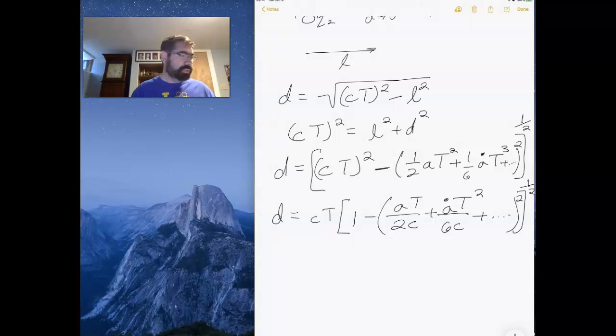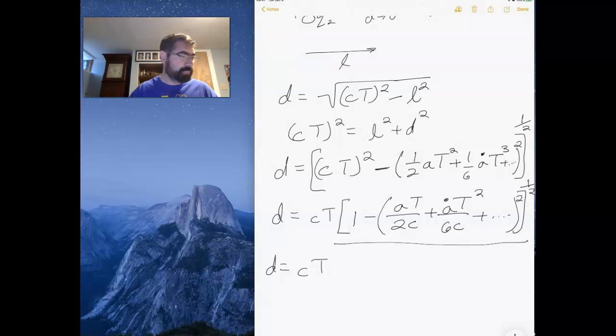Now we can use the binomial expansion to write this out. I'm sorry, so we want to write this out as ct. We take the binomial expansion of this, and then multiply by ct.